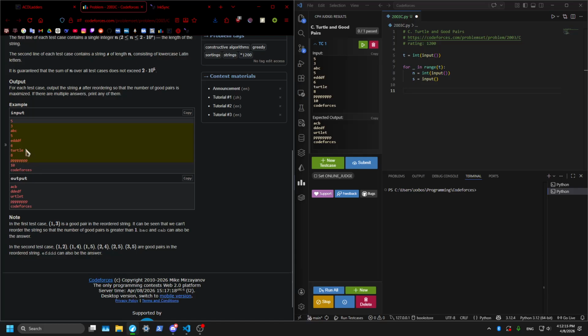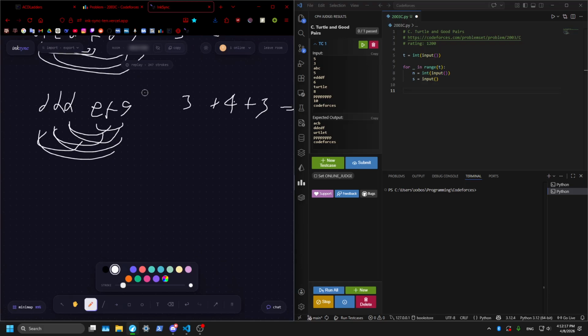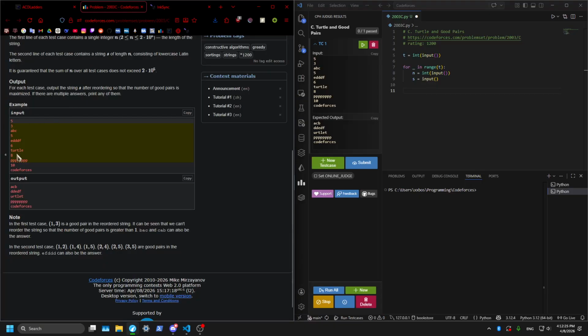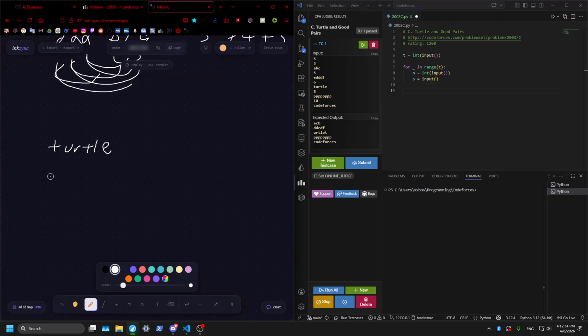Turtle. Let's try turtle. 6. They're saying this is bis. 6, RTLET. Or URTLET.